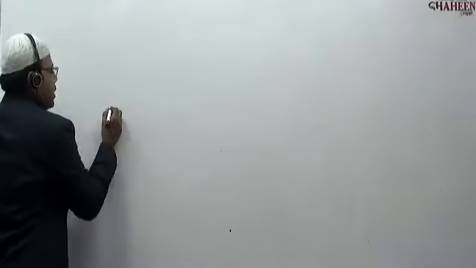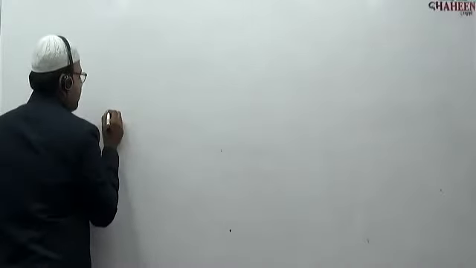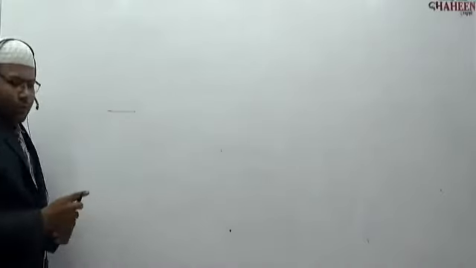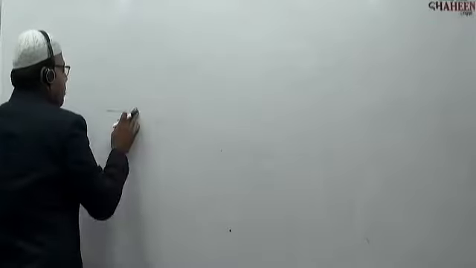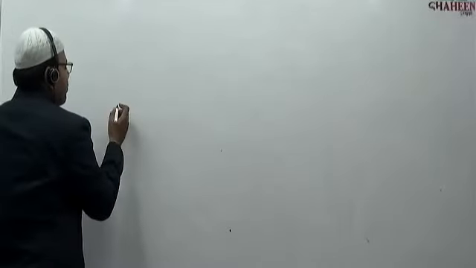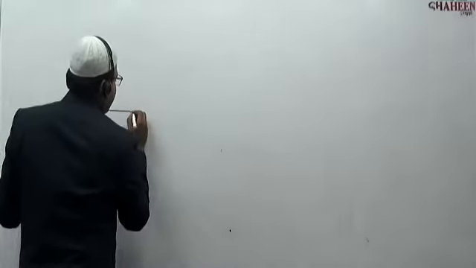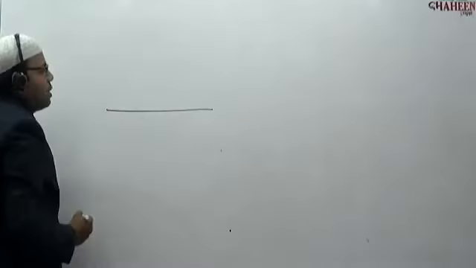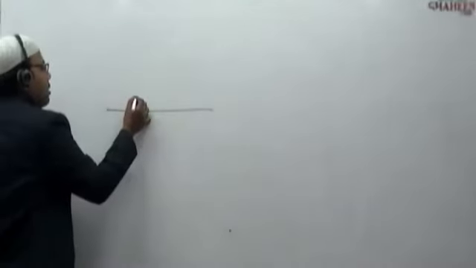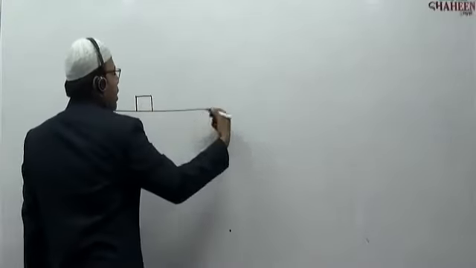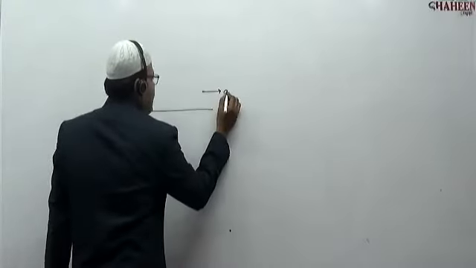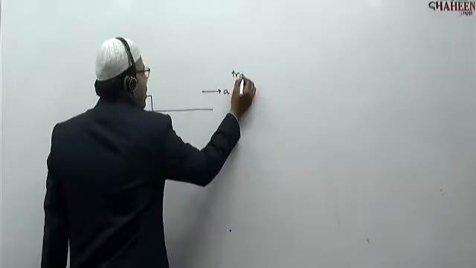Now just see, students, this is the floor of a train. One box is kept. And this train, suppose it is moving with an acceleration A, that we need to calculate.